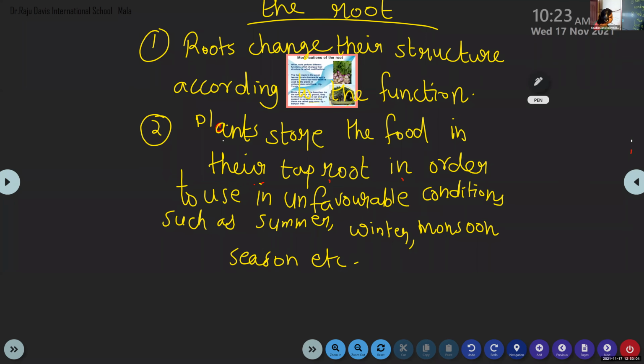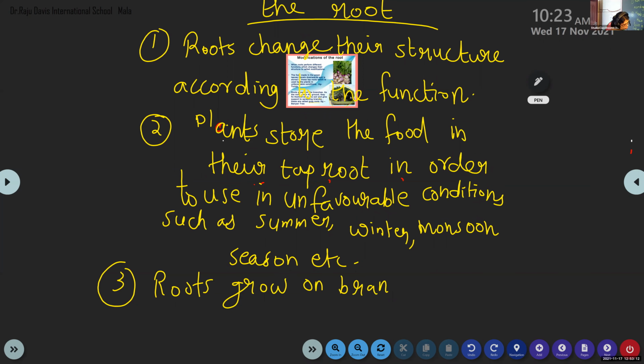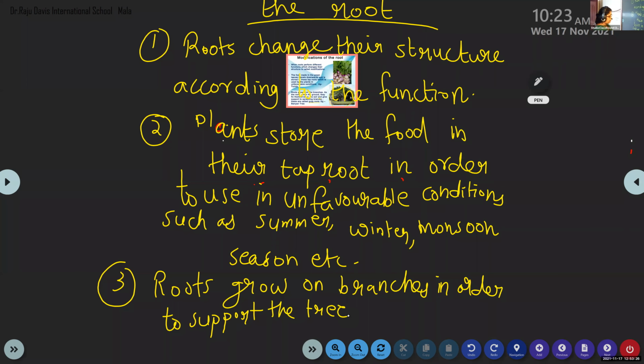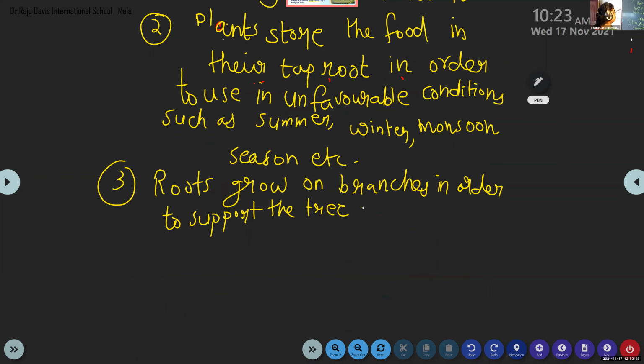Third point. Roots grow on branches in order to support the tree. If you want, you can write example banyan tree.